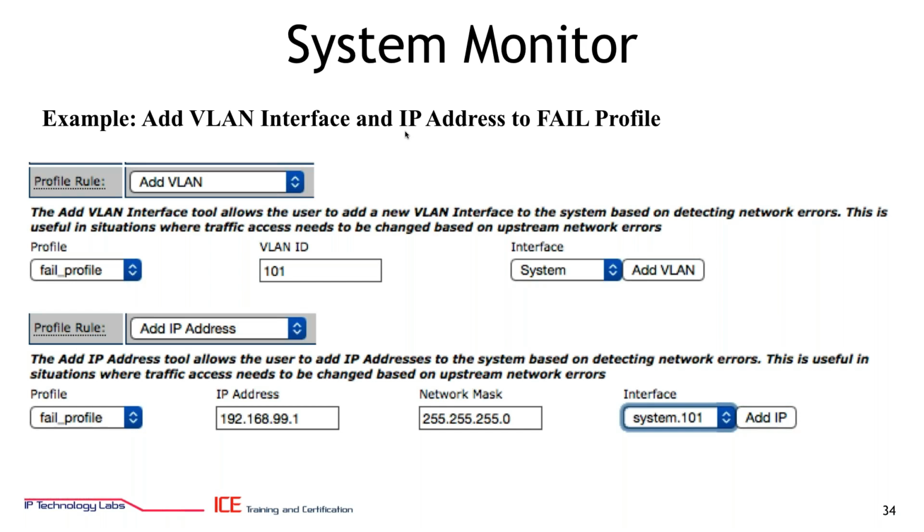I can go through and say I want to add a VLAN. I can say I want to add VLAN 101 to the system interface, and then I want to add an IP address onto that VLAN. So system.101 is our nomenclature for saying it's a system interface with VLAN 101. Even though this VLAN does not actually exist in the device, I can select it as the interface to put my IP addresses on.